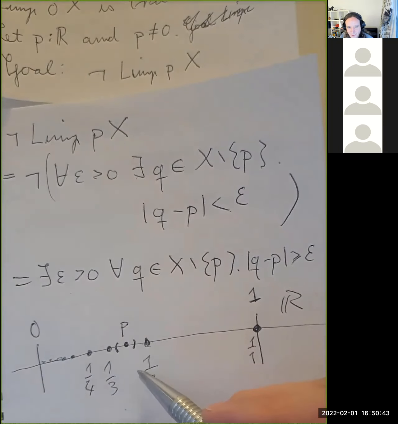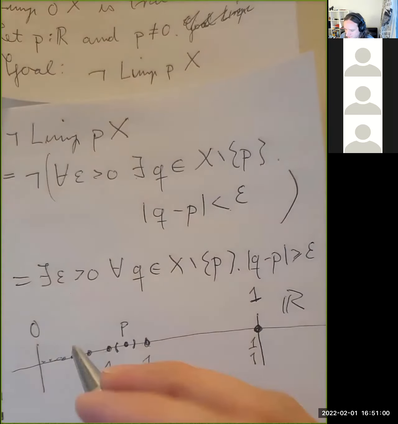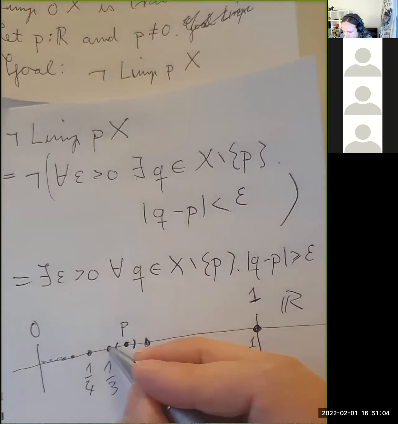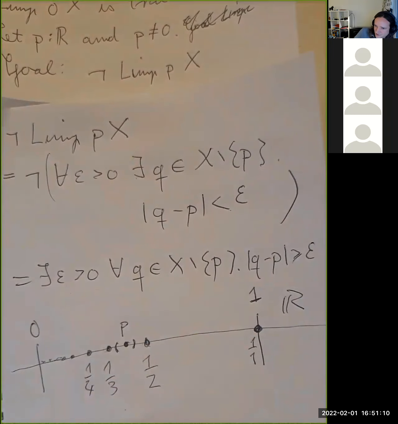And in math speak, it only consists of isolated points. So points where you can find small neighborhoods such that no other point from the set is contained in that neighborhood. And I mean, here we can do it with points which are outside of X, and we can also do it with points inside of X. So we can find a neighborhood such that no other point in X is included.